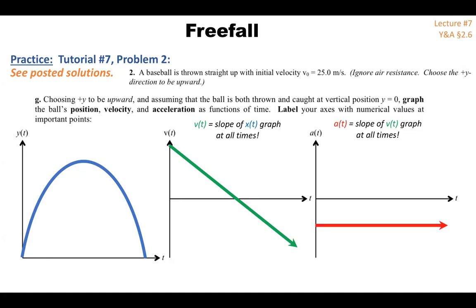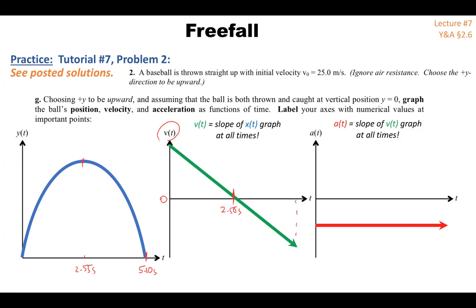So if you look back at all the previous parts, we know, for example, that the time at the peak is 2.55 seconds. The time at which the ball passes its starting position, assuming that it could either be caught there, or land there, or go right past it, was 5.1 seconds. Those are the answers to part E and part D. We know that the peak occurs when the velocity is equal to 0, so 2.55 seconds.